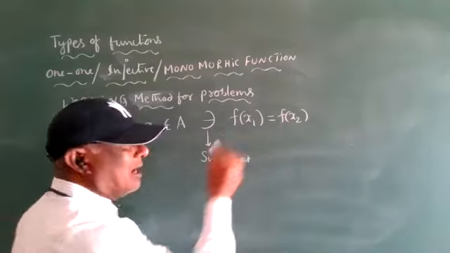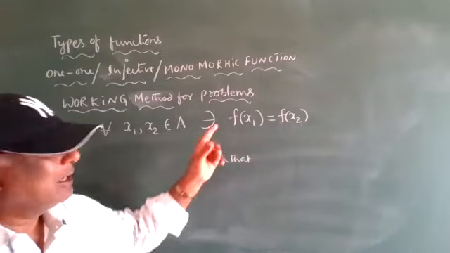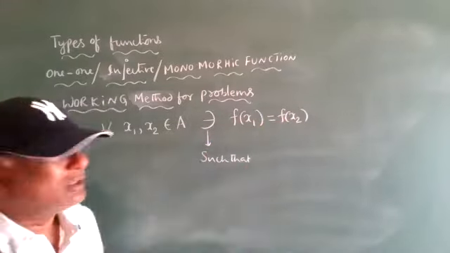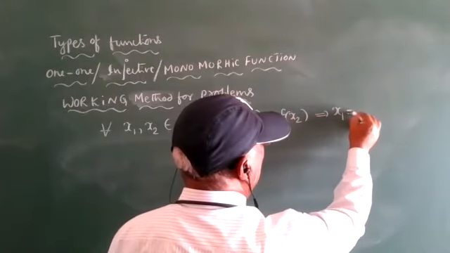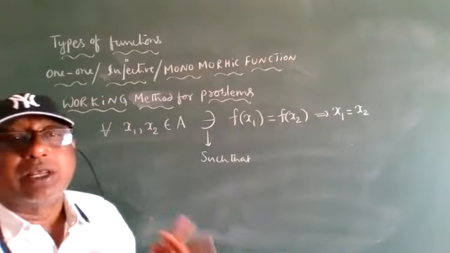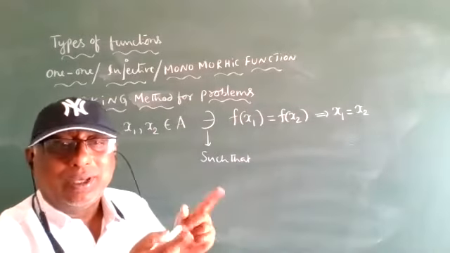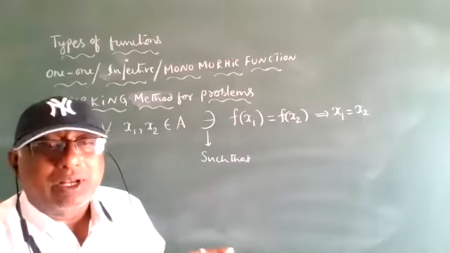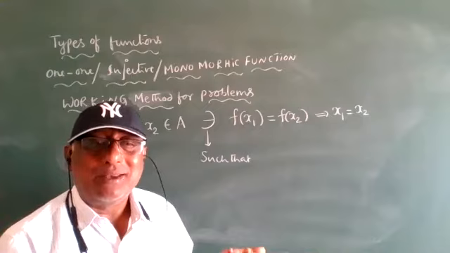Two images are equal. F means image. That implies x1 is equal to x2. Two images are equal means two elements are equal, means one element has one image.